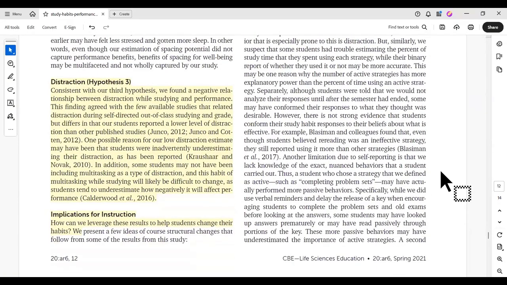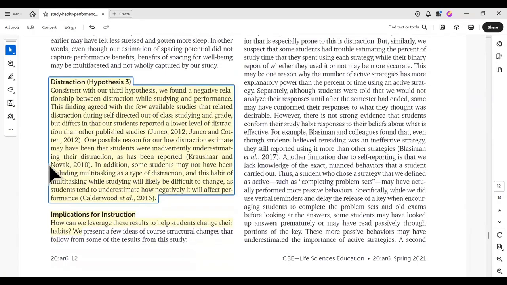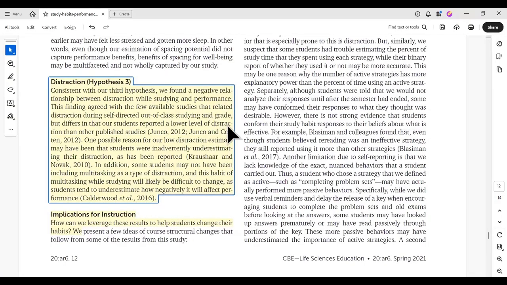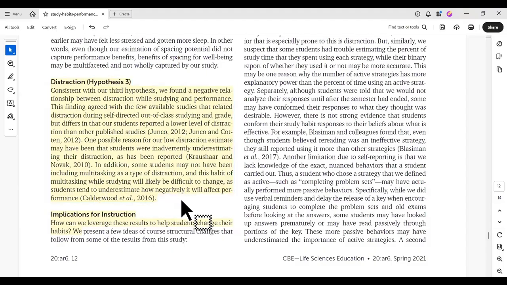All right. So the shortest discussion about the hypotheses is this one about distraction. So you might want to read this one in more detail. Notice that they're citing more literature here, and also talk about whether the things in their study might have made them underestimate or overestimate, right?